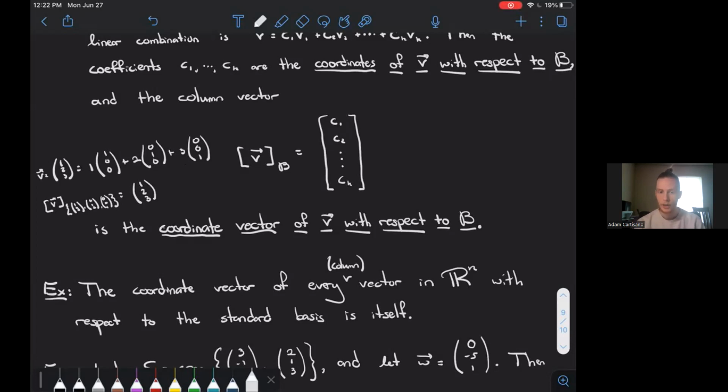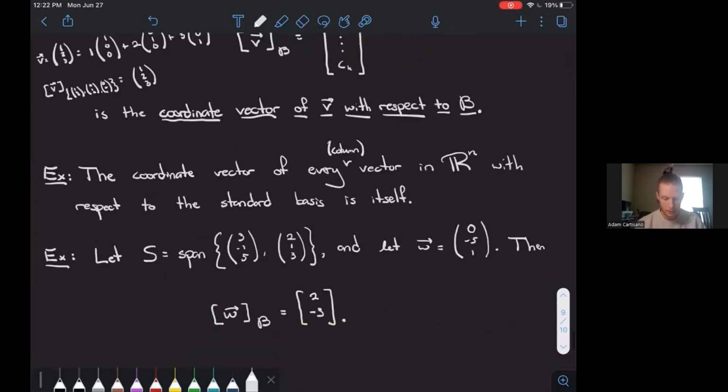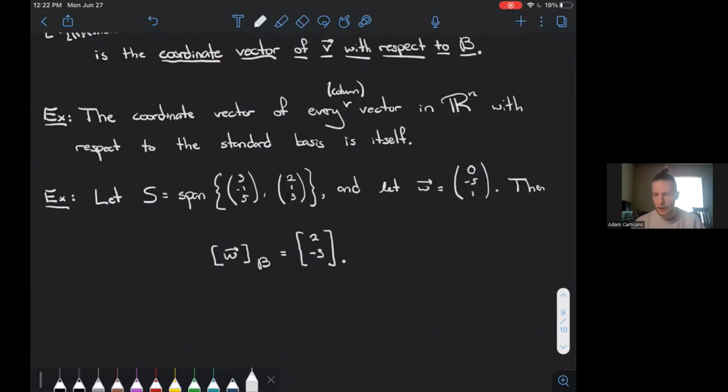That's not always true. And in fact, let's take a look at this example that we had. We talked about this earlier. We said that this vector W, which lived inside the span of these two vectors, 3, negative 1, 5, and 2, 1, 3, was a linear combination, and we kind of worked it out. We said that it was 2 times the first one minus 3 times the second one.